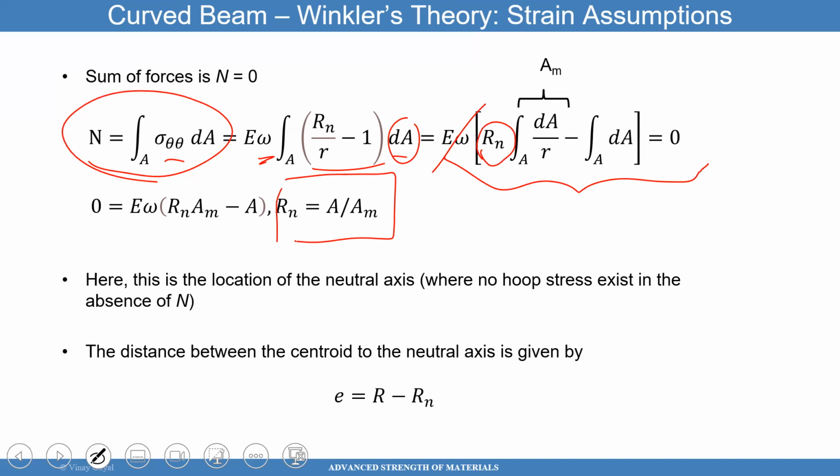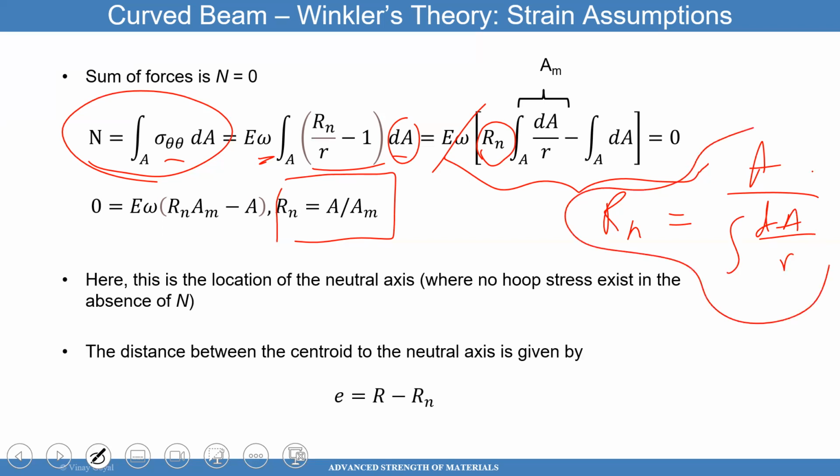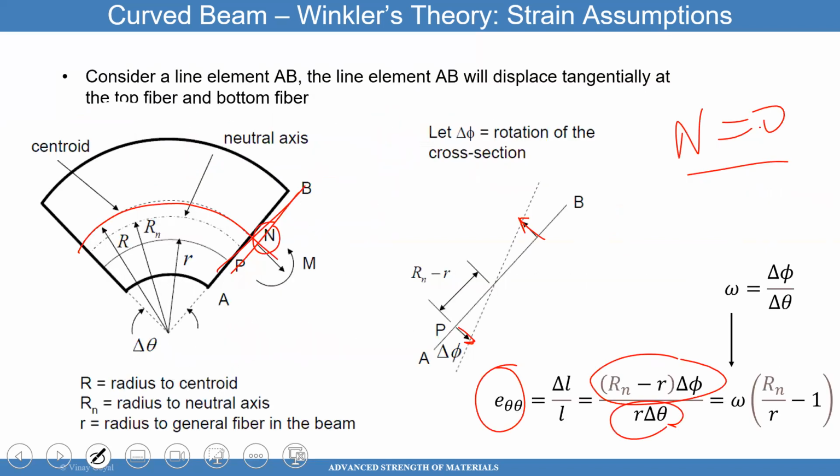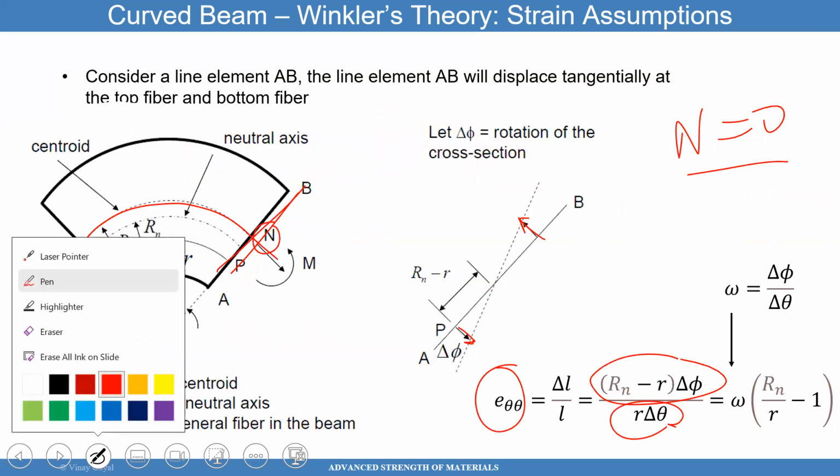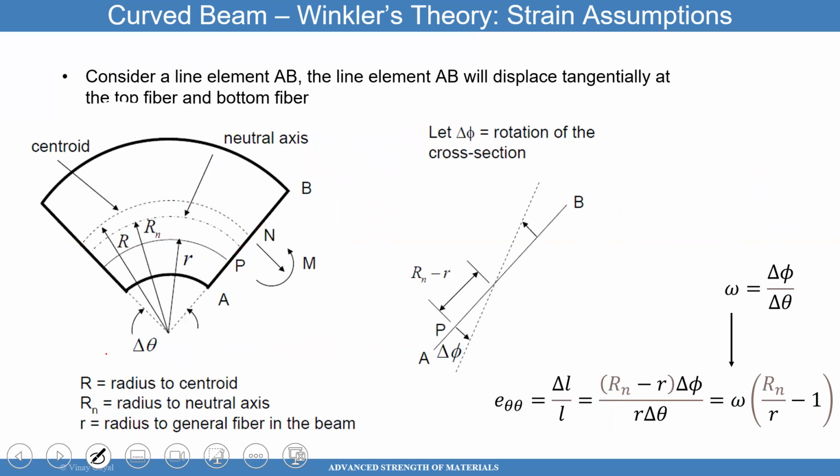The formula for Rn is A over the integral of dA over R. Good news, this is given in a lot of books for a lot of different geometries. You don't have to do it yourself, although it would be nice if you learn how. Again, let me show you where Rn is so you don't forget. Rn is the distance from the center of curvature to the neutral axis.